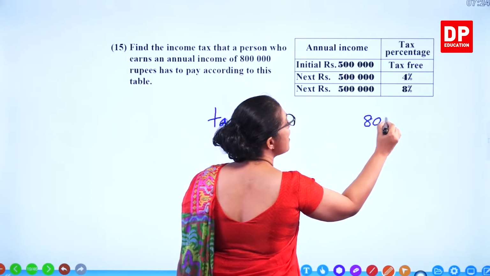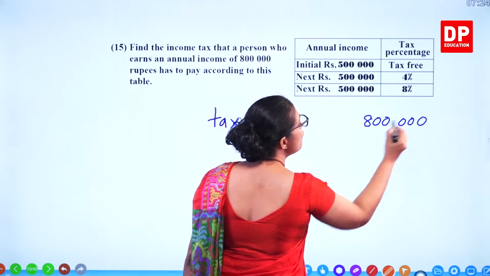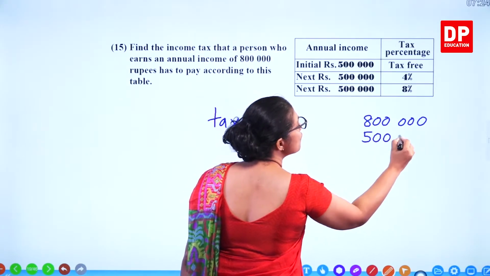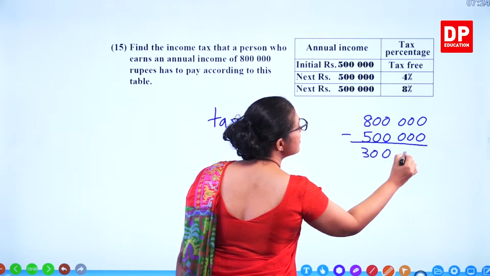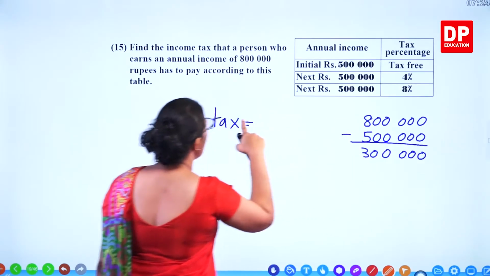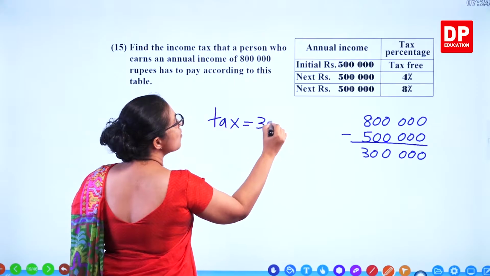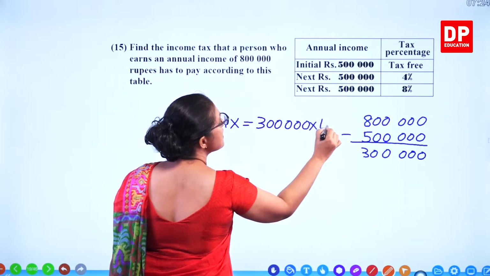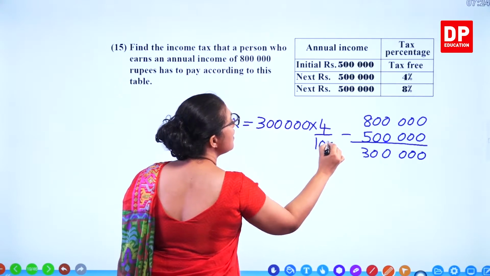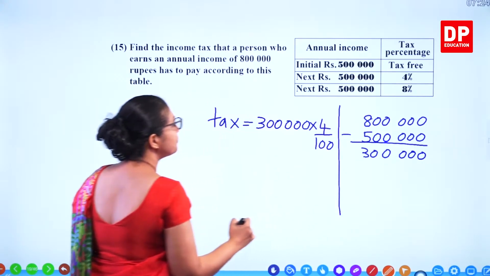Tax amount is on 300,000. How do you get 300,000? You first subtract the first 500,000. Then you get 300,000 rupees. So for 300,000 rupees, you have to pay 4% tax. 4 over 100.